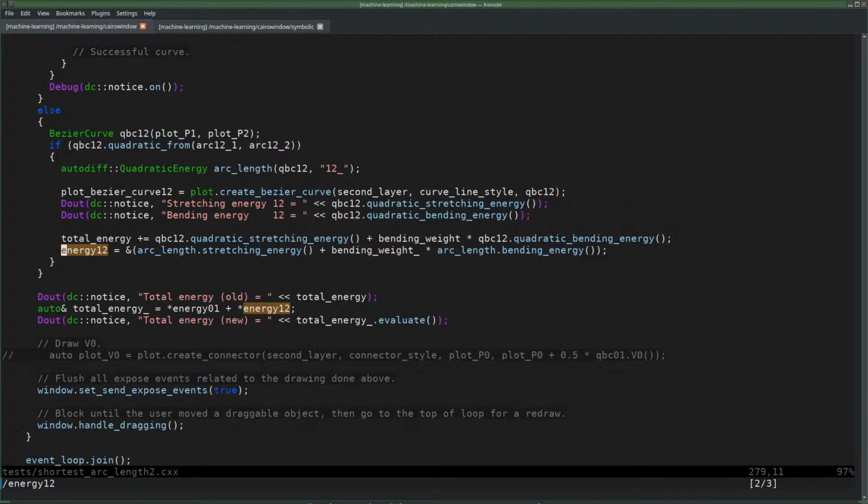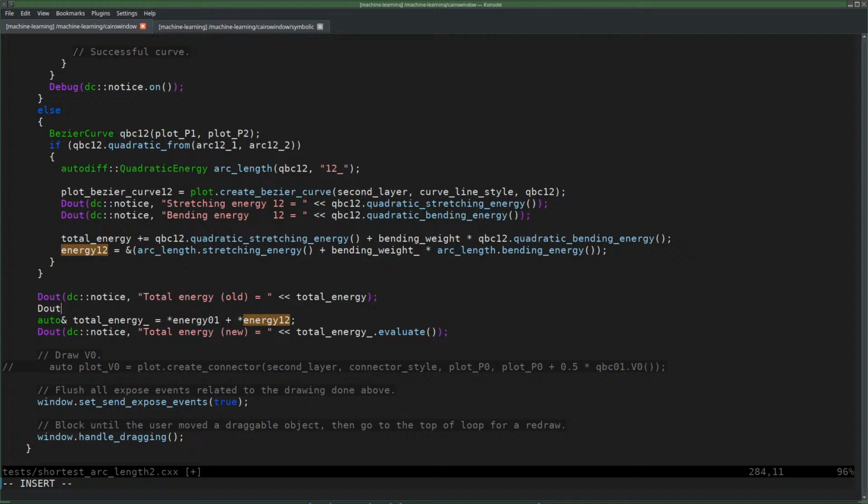Let's try printing the things that I just added or am about to add.